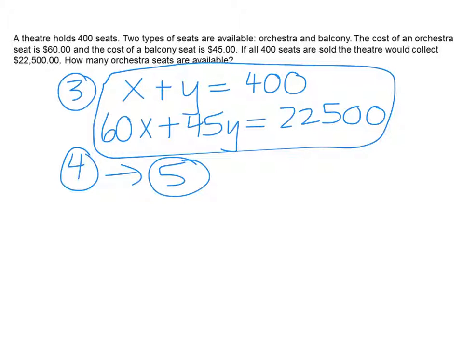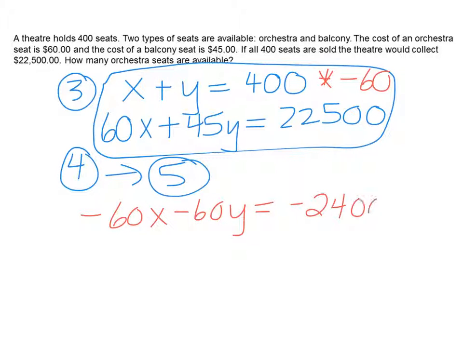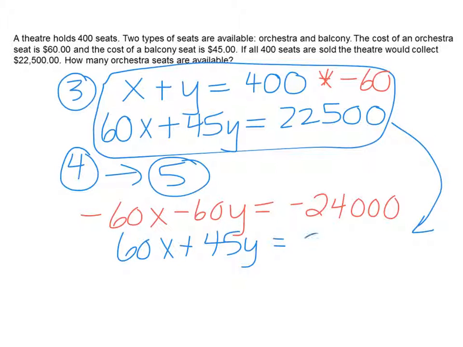Now, I want to be able to add these together so that I can eliminate a variable. So the first thing I'm going to do to this equation right here is multiply it by negative 60. That's going to give us negative 60x, negative 60y is equal to negative 24,000. And then I can go ahead and bring down this equation, and I'm just going to write it here again so I have it immediately in front of me.